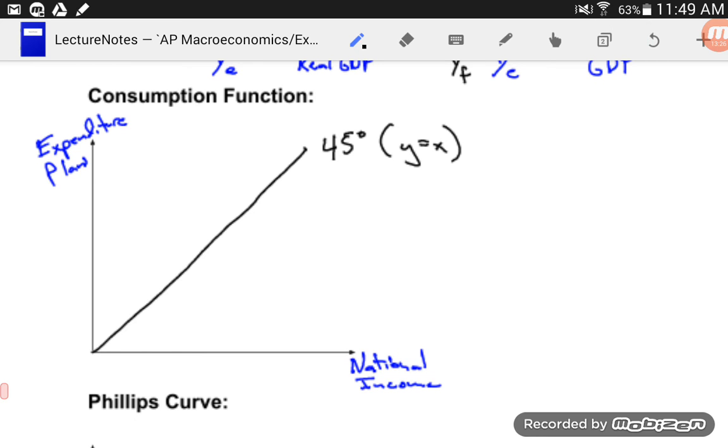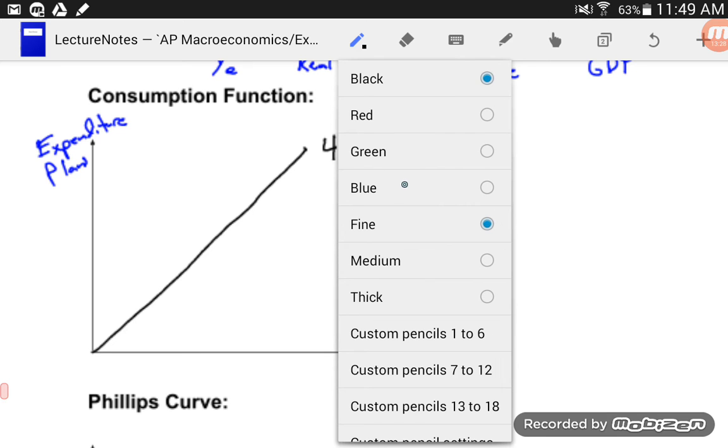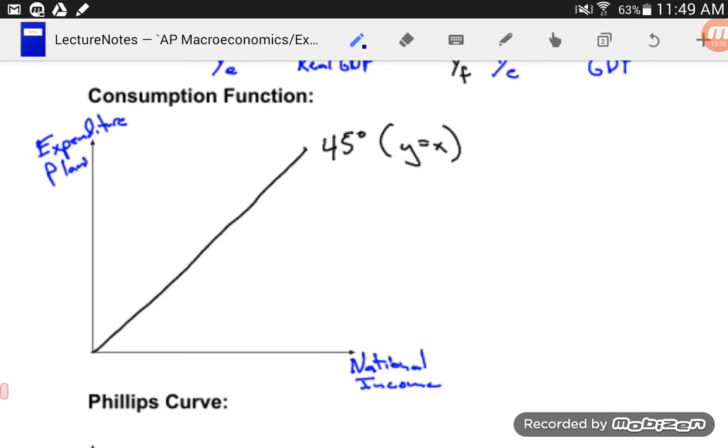Now, as we saw in our game that we did in class, you as human beings and really with our government and businesses as well, there is some level of spending that you will do even if you make no money. Gotta buy food, gotta buy housing, you'll do some level of spending. It's more really a theoretical point than a real point, but there is going to be some spending.